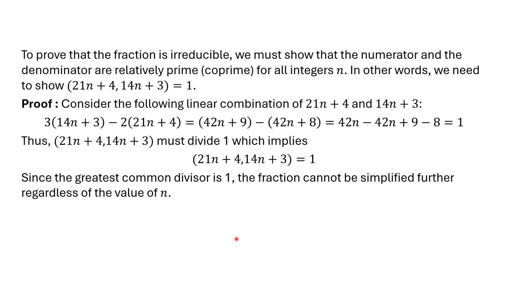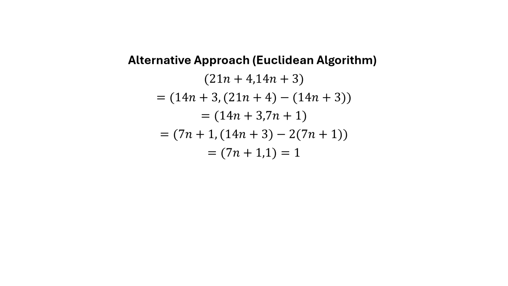Okay, so that was one proof. I have another proof on the next slide. So here's an alternate proof, or a derivation. We want to show that the GCD of these two numbers is 1. And we use the Euclidean algorithm.